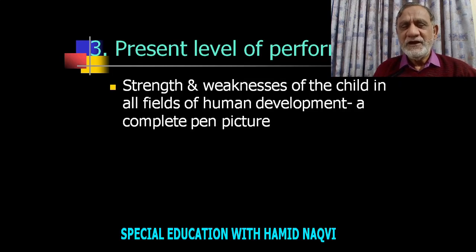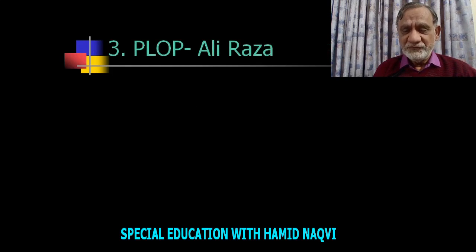Without seeing a child, if you read it, you should be able to have a fair idea about the child. So strengths and weaknesses, in all human fields, meaning physical, intellectual, social, emotional, or in the development of all fields, you have to mention whether positive, negative, plus, minus, strength or weakness.